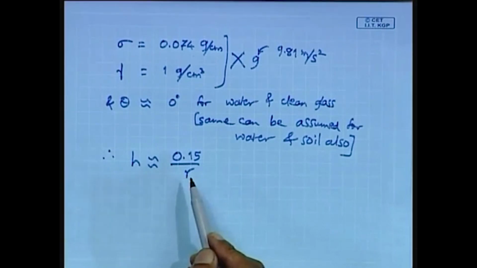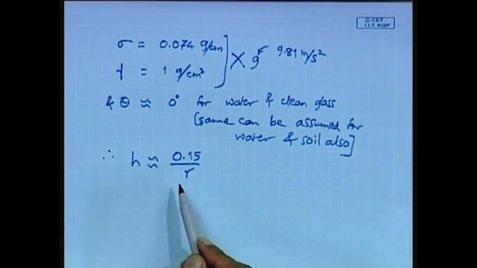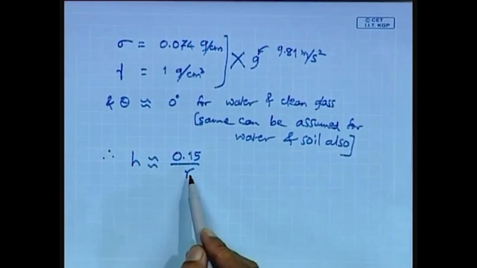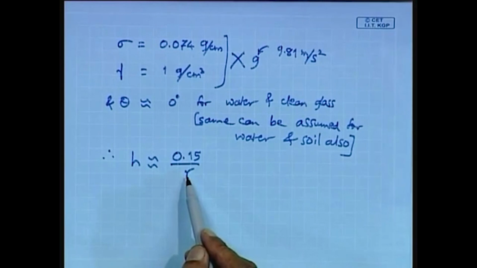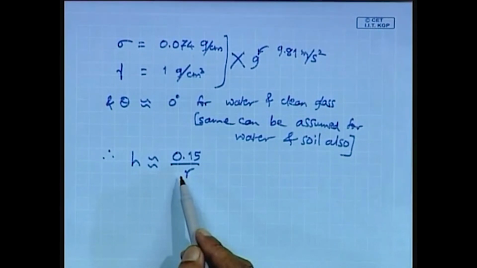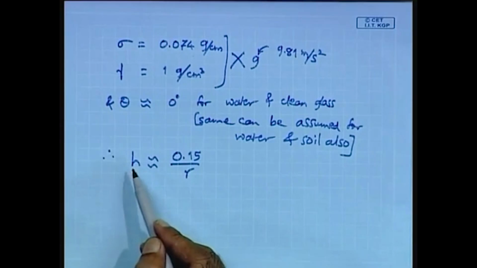Here we are approximating the pores into equivalent circular shapes and then taking the radius. So, as the equivalent circular pore radius gets reduced, the height of the capillary rise increases.